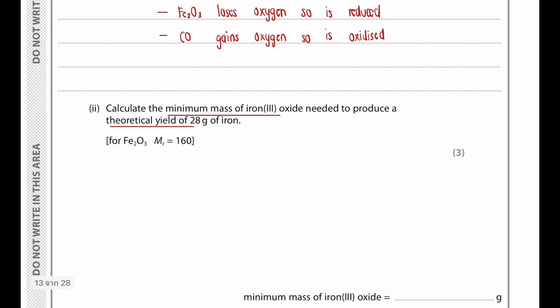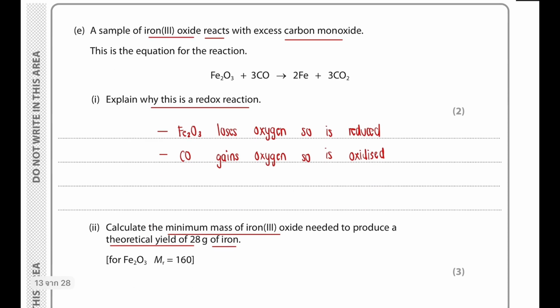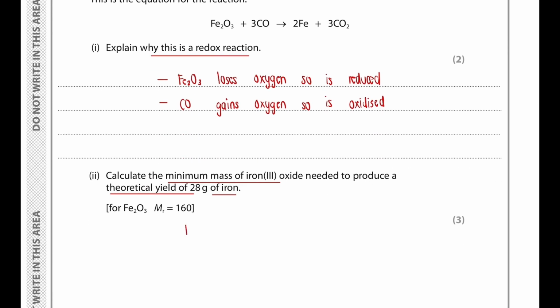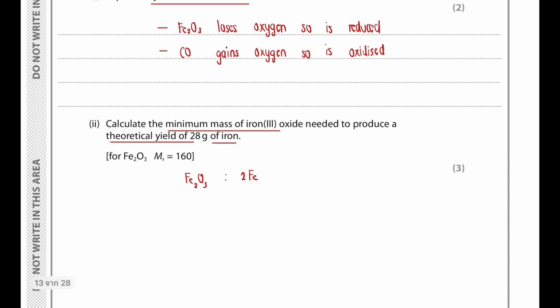Theoretical yield of 28 grams of iron. So from the equation we have iron oxide compared with 2 iron. So we have 28 grams of iron.